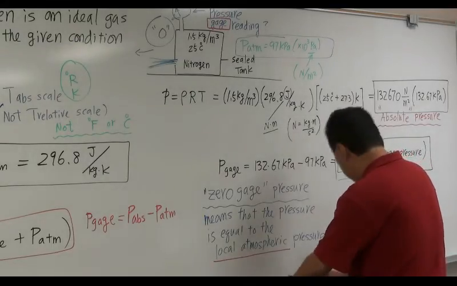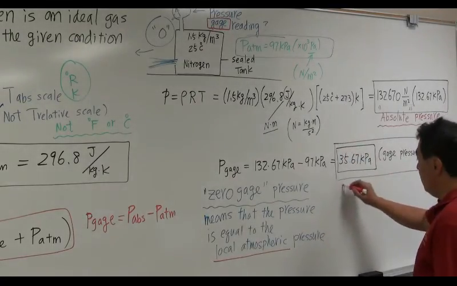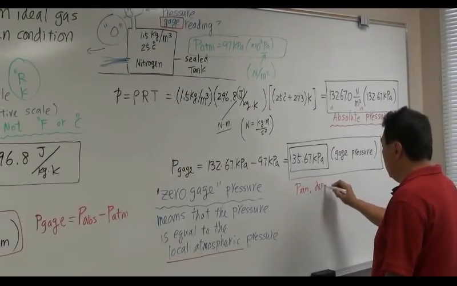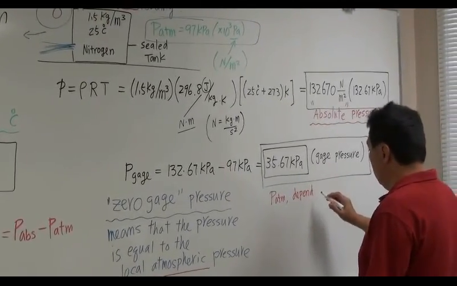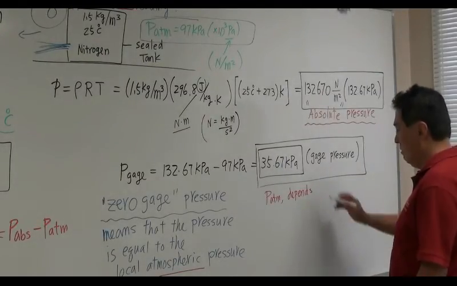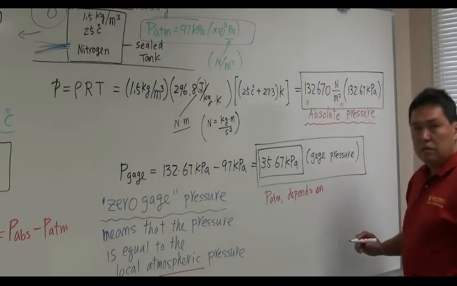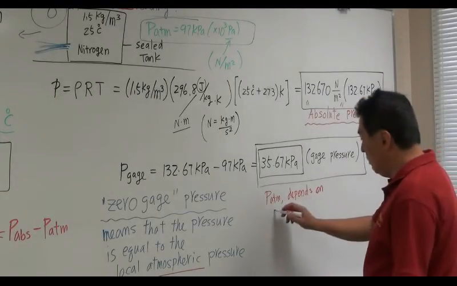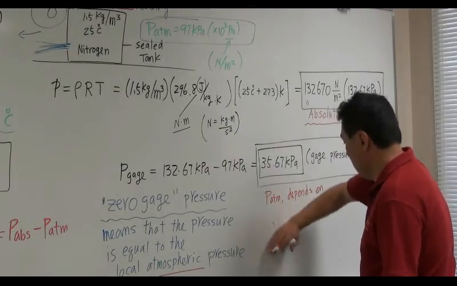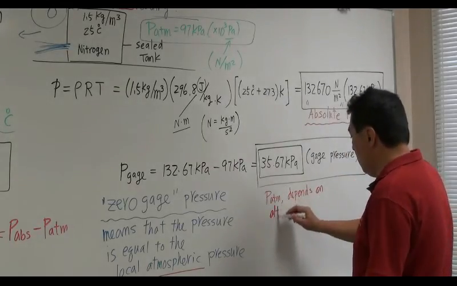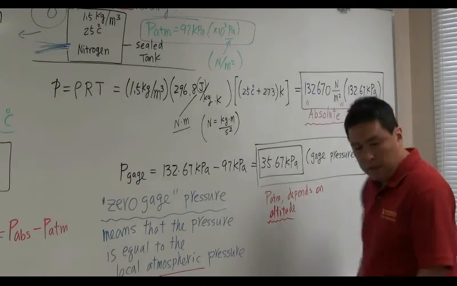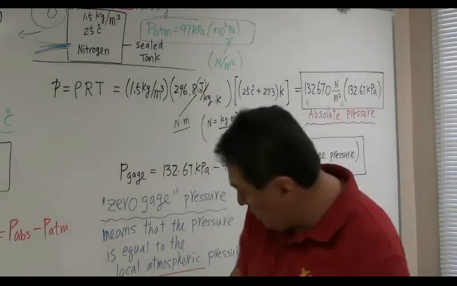In fact, P-ATM depends on location, and location mainly means altitude.